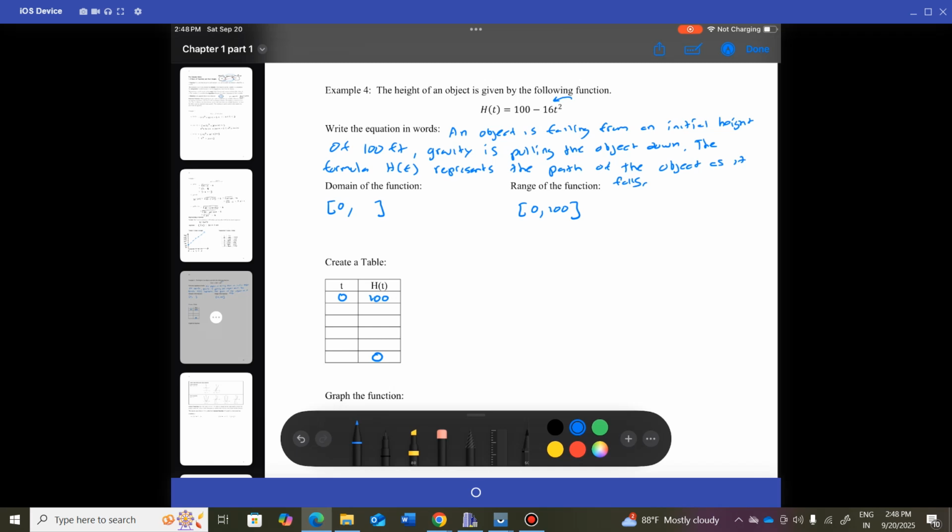Okay, and so to find when it hits, we can set this equal to 0. So we get 100 minus 16t squared equals 0. 100 over 16 equals t squared. So take the square root, you get t is equal to 10 over 4, which is 2.5.